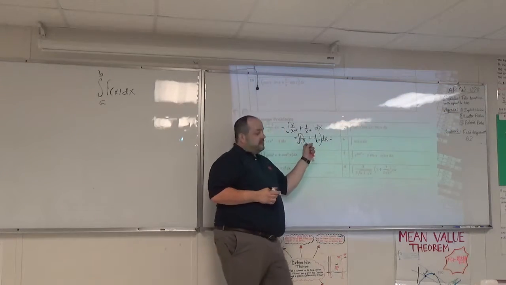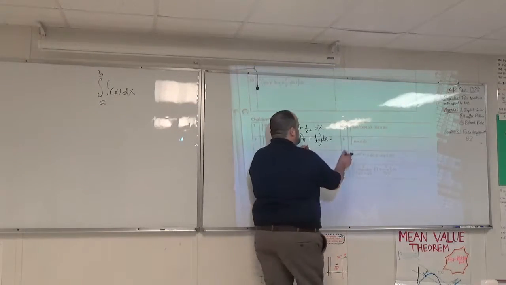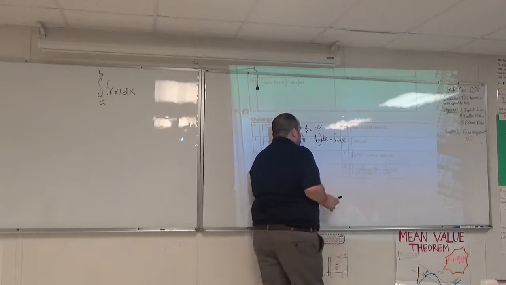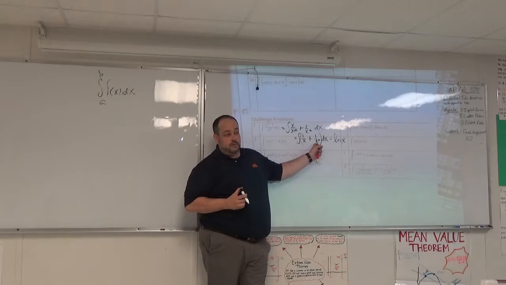Well, the antiderivative of 1 over x, what do we take the derivative of to get here? Natural log of x. What do I take the derivative of to get 1 over x squared? This is close to one that you should have memorized.